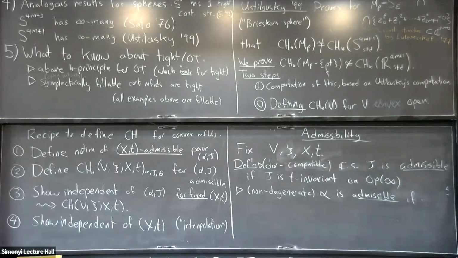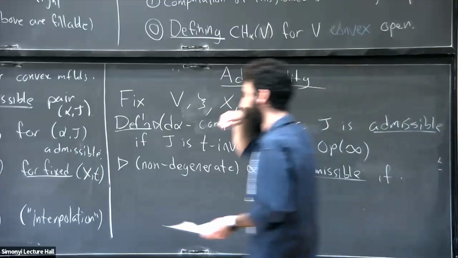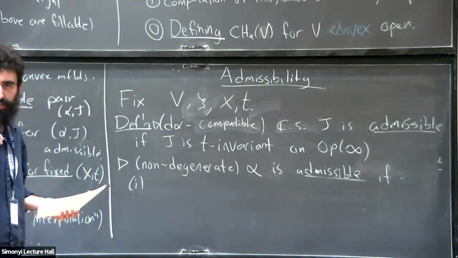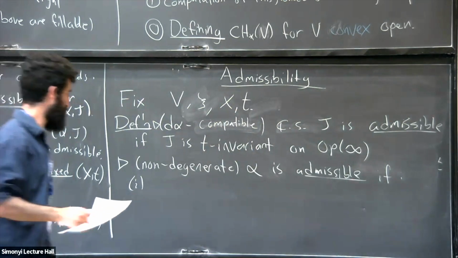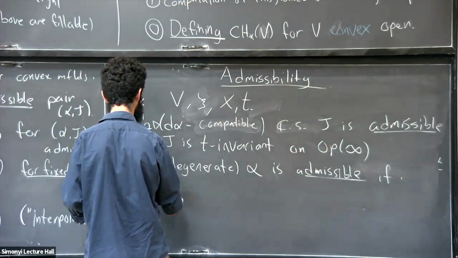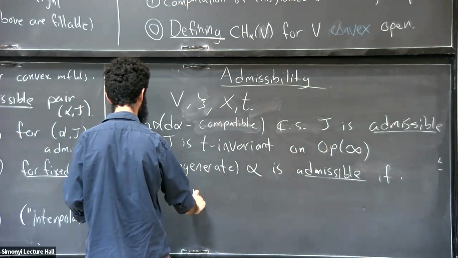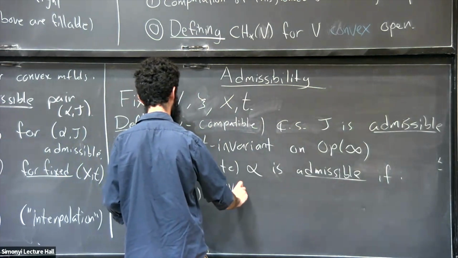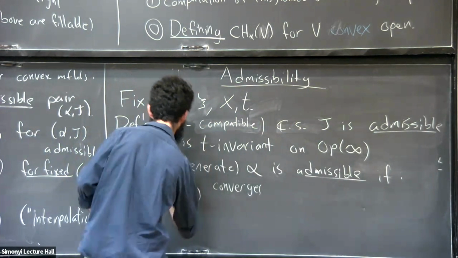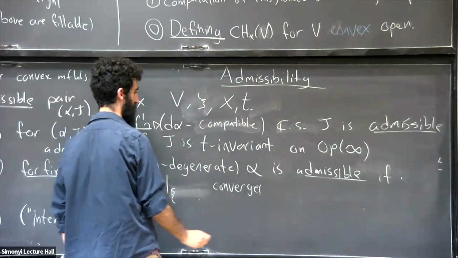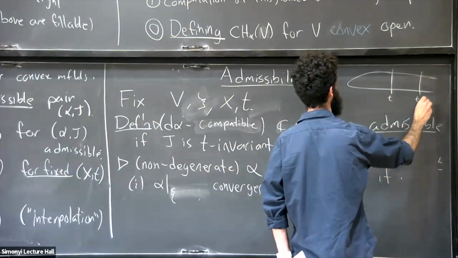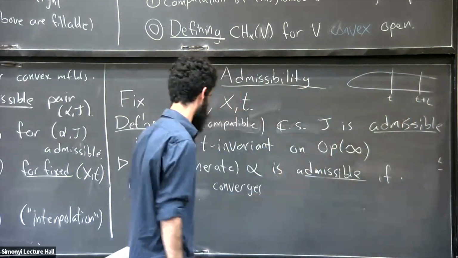So there are two parts to the definition. First is the same kind of thing, an invariance on the end, although we can't quite demand that it be actually T invariant, but we demand at least that it converges as T goes to infinity. So I look at this chunk on the infinite end from T to T plus L. Those are all isomorphic because of the cylindricality.